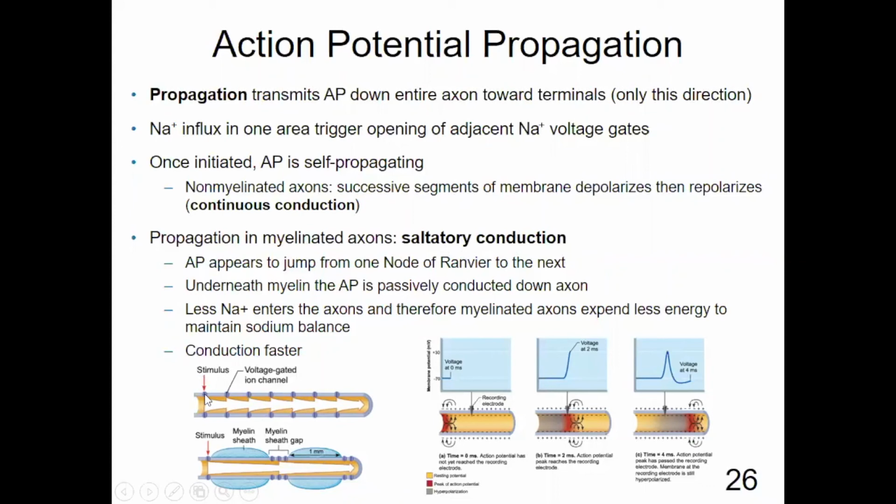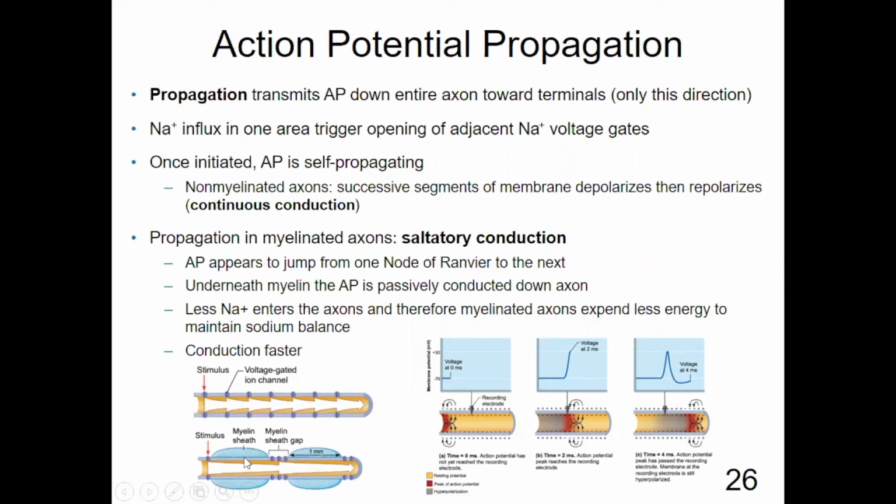Again, the change in membrane potential is graded. It decays over some distance. We saw this several slides ago. So every so often, the axon has more of those voltage-gated ion channels to restart that change in membrane potential. So you can see this helps the signal propagate or travel down the axon.